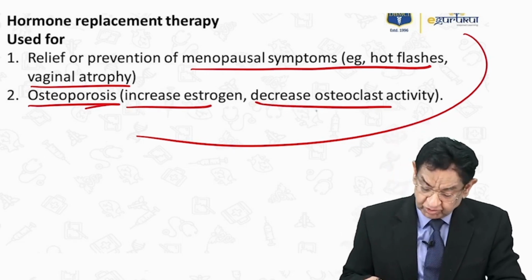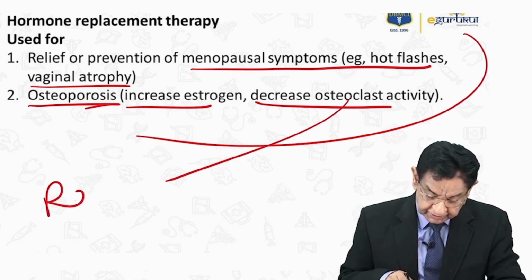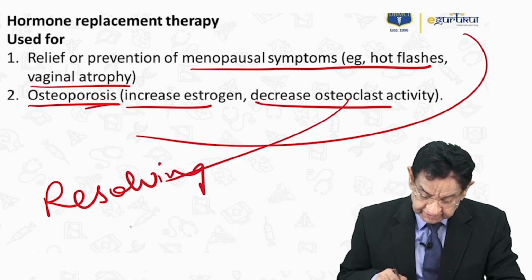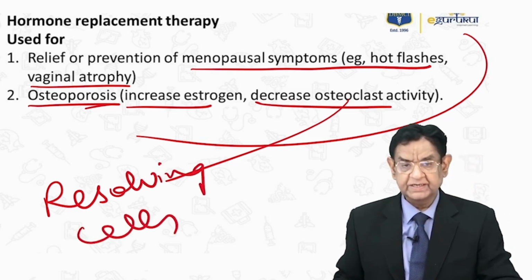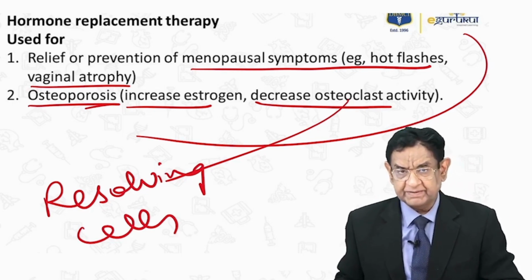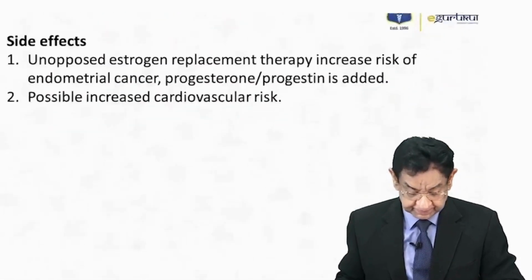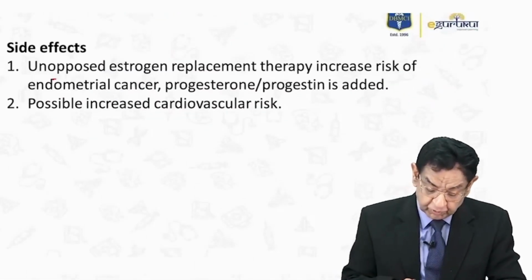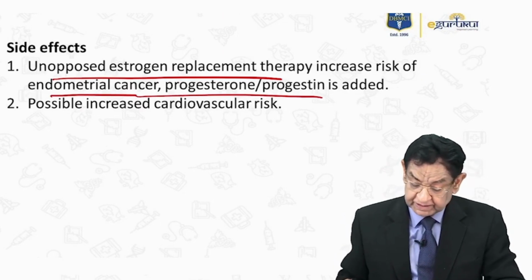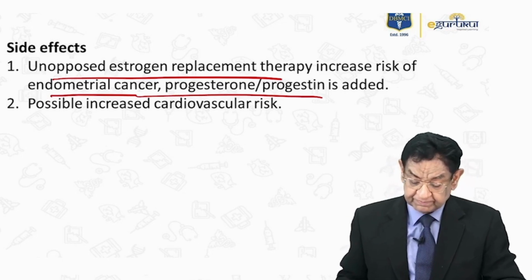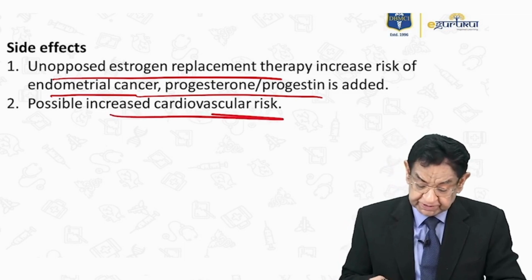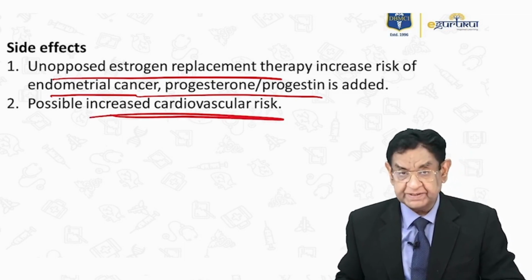We know very well osteoclasts are the bone resorbing cells. So they prevent bone resorption and bone integrity is maintained. Side effect: unopposed estrogen replacement therapy increases the risk of endometrial cancer, and that's why sometimes progesterone is added. A possible increase of cardiovascular risk can also be there.